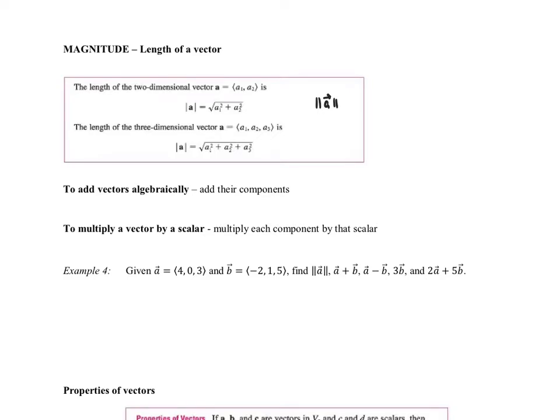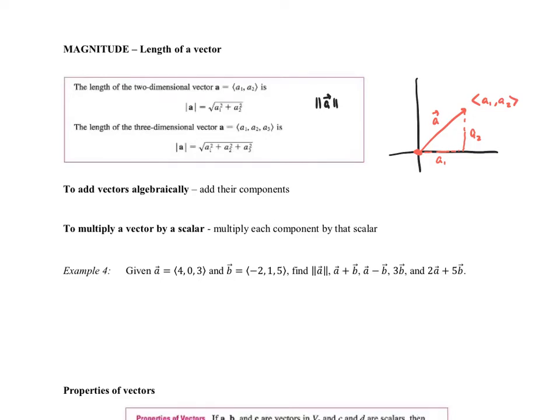If you have a position vector, like let's say that the position vector is right here, and we'll call that A, this would represent A sub 1, and this length here would represent A sub 2. So this is our position vector. The vector is A sub 1, comma A sub 2. The magnitude is simply the distance formula of a position vector.